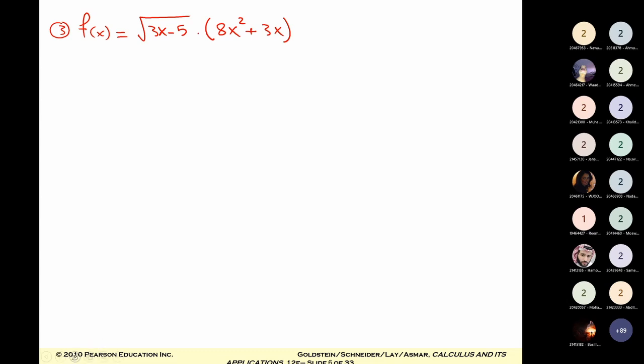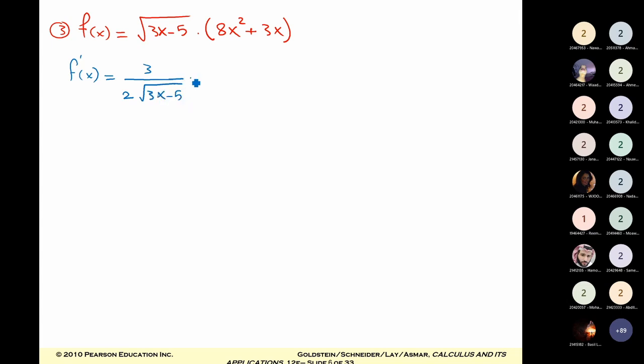So the first derivative equal the derivative of the first, the derivative inside the radical over 2 times the same root.